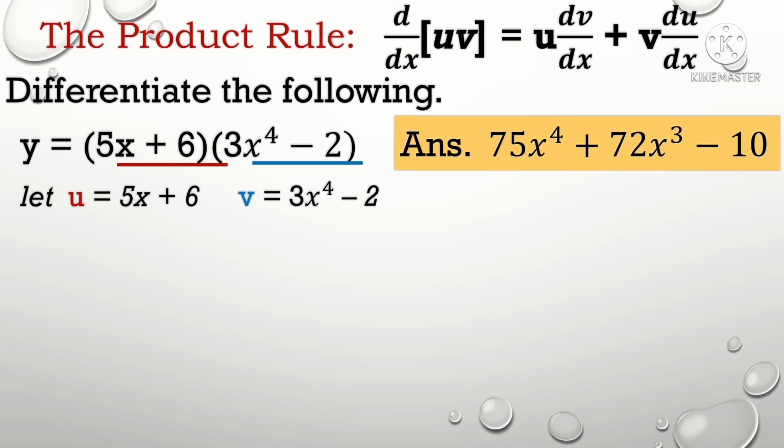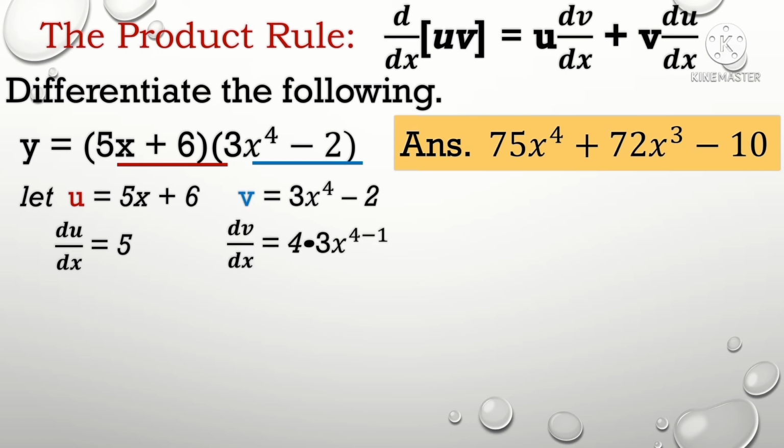So dito pa lang, kunin natin yung derivative ng yung representations or yung u at saka ng v. So let's have the derivative of u. So applying po si constant multiple rule, and for the constant function and sum rule. So this is the derivative of u. So 5x, the derivative of 5x is just simply 5, and 6 is 0. So therefore, it is only 5. So this is for the derivative of u.